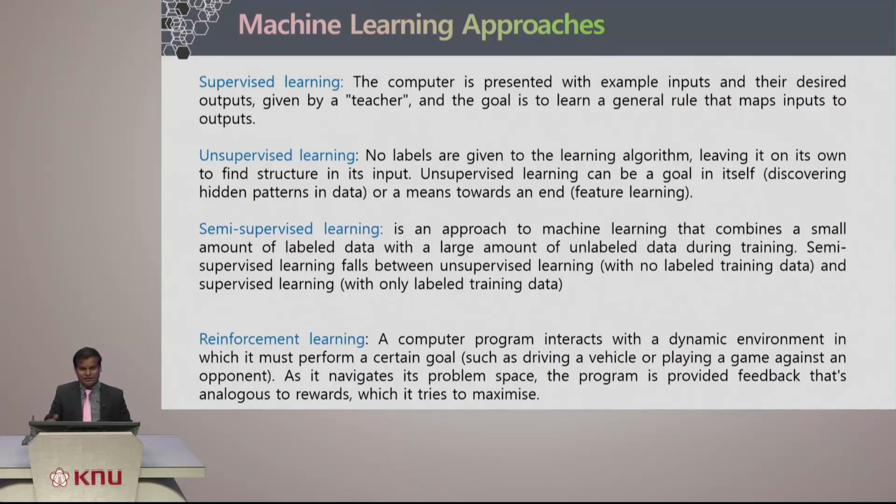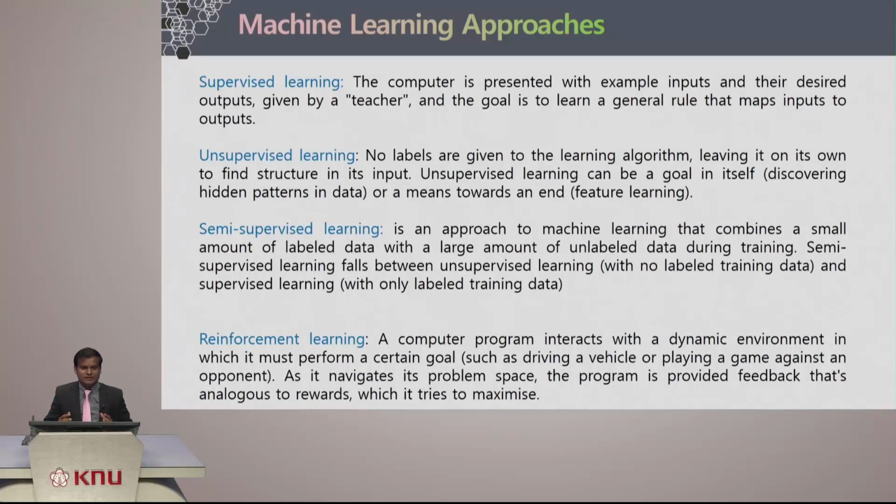You know the names for supervised, but for unsupervised you don't know what the labels are. It is left on its own to find a structure in the input. So when the algorithm looks at the input, it has to find certain patterns, structures or similarities between those images, and categorize accordingly. Unsupervised learning can be a goal in itself, discovering hidden patterns in the data, or a means towards an end, feature learning.